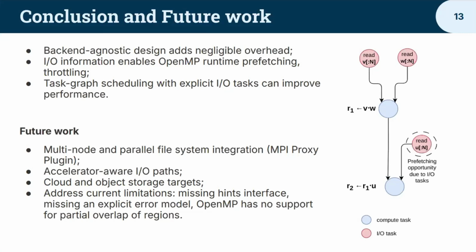And this one needs some thought: we presented the I/O clause as something that maps part of the file to the memory that the task is going to access, so this task is going to access this slice of the array. But as for now, OpenMP, as far as I know, doesn't support partial overlap of memory regions. They can overlap entirely or not at all. But with files, it's common for those small overlaps to happen. So that's something we have to think about in I/O programs.